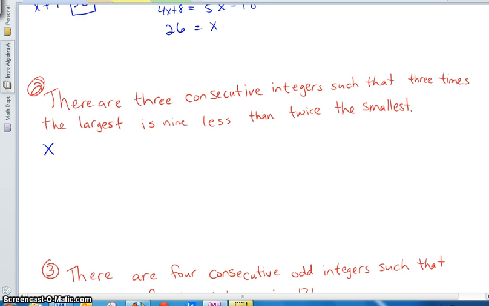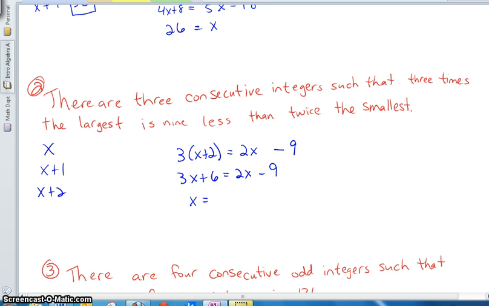X, and then I've got x plus 1, x plus 2. 3 times the largest is 9 less than twice the smallest. So 3x plus 6, 2x minus 9. So x equals negative 15. So then the next one, negative 14. Next one, negative 13. There are my integers.